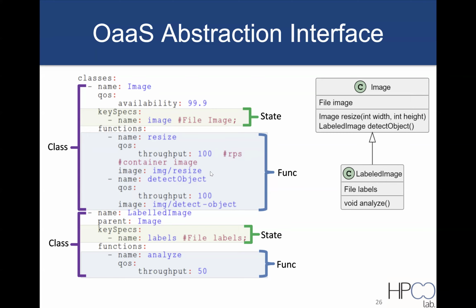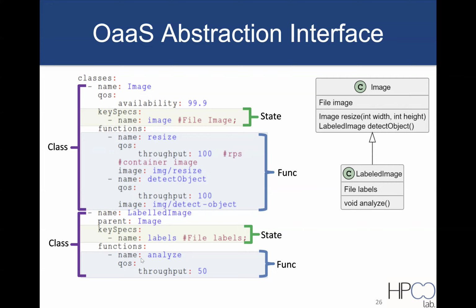The system will pull the image and run it. The beautiful thing about this is that you can extend it. You can add some specific image, let's say the labeled image, which is the output of detect object. Detect object can just process the image and add the label, so it becomes a labeled object.